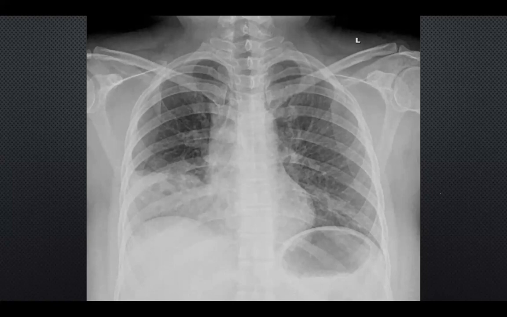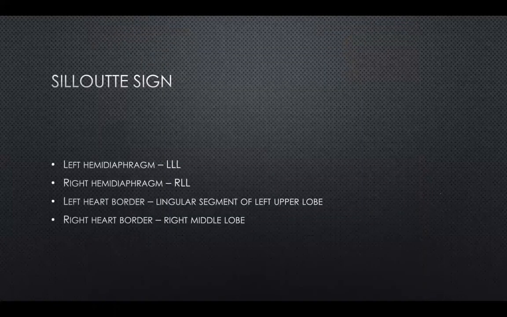So this is probably going to be consolidation with possibly a pleural effusion as well. It's hard to tell on a chest X-ray, but all you can do is describe it and then say that.